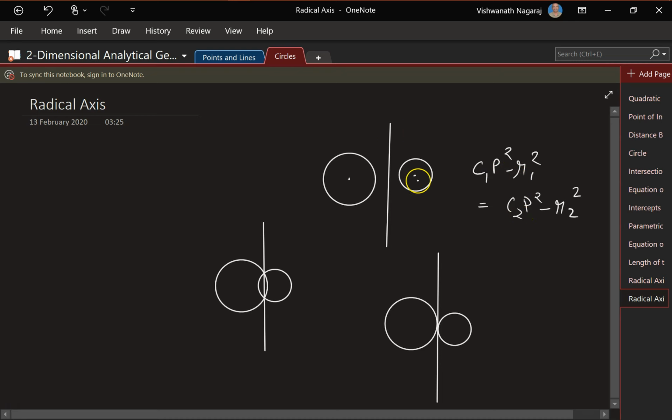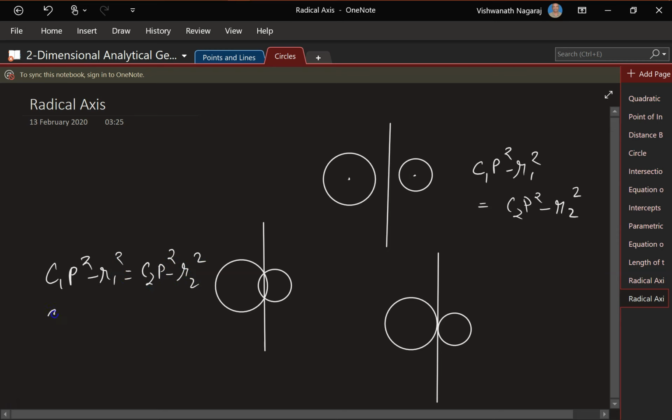C2 is the center of the second circle. R1 and R2 are the radius of the two circles. Okay, in this particular case, what happens? C1P square minus R1 square is equal to C2P square minus R2 square.